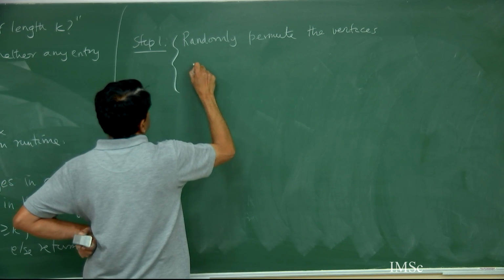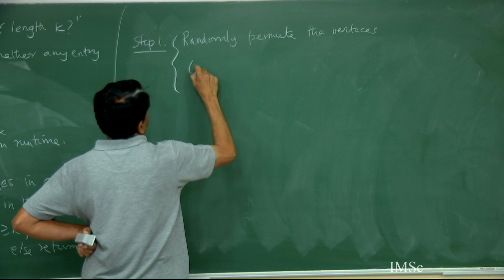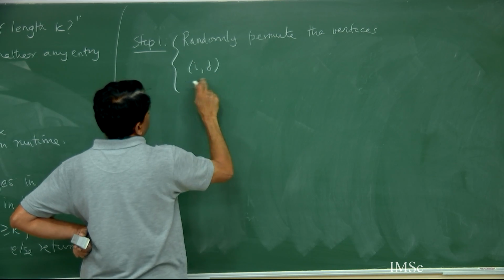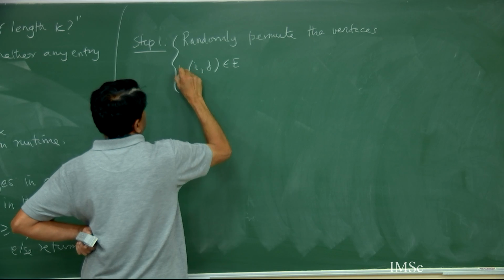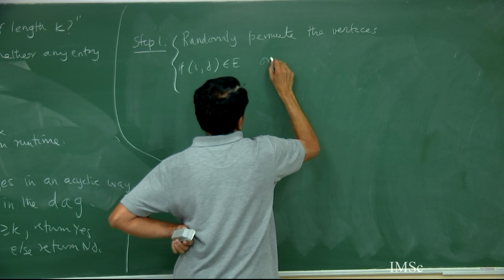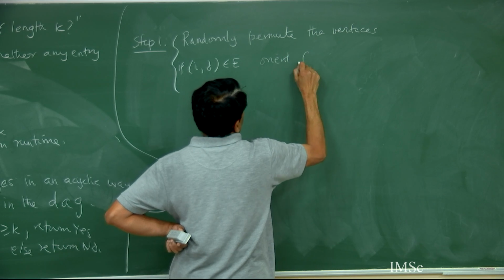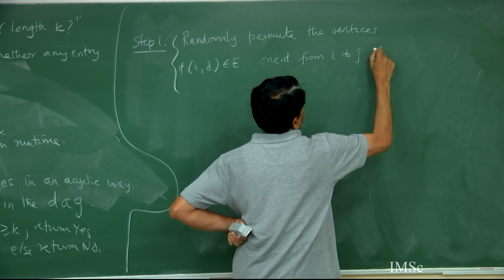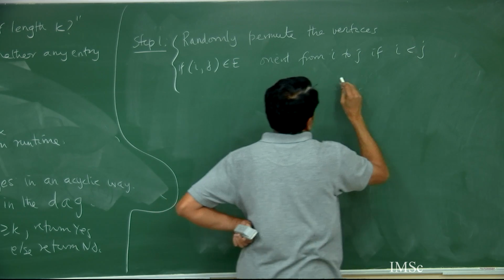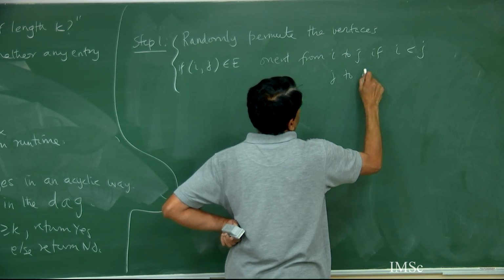And if you have an edge ij, so this is my new numbering, ij is in E, orient it from i to j if i is less than j, and j to i otherwise.